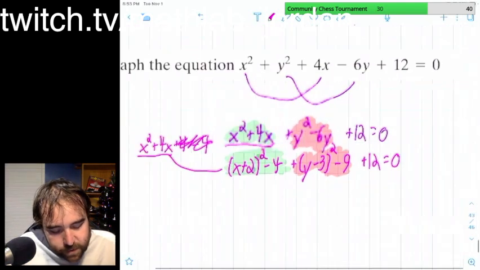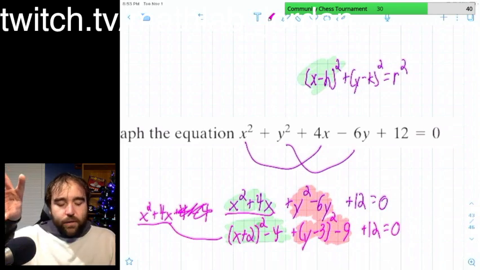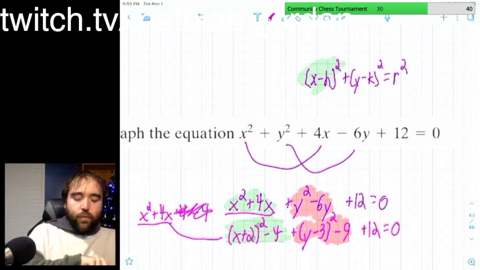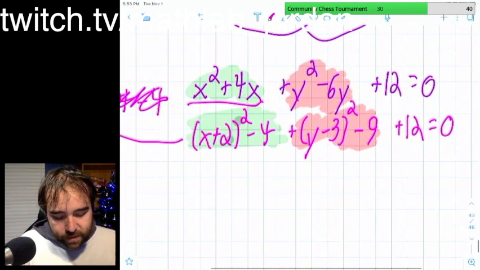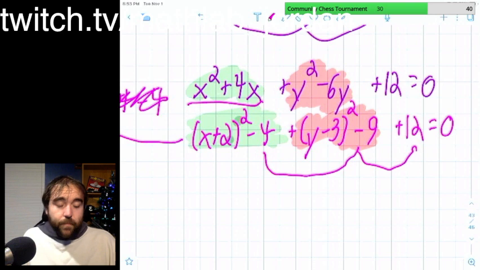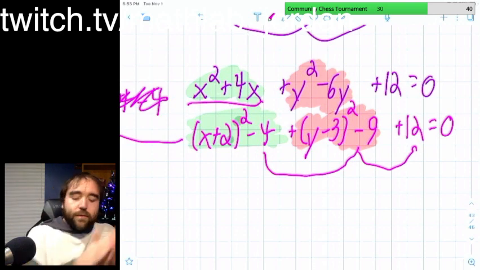So now that we're here, let's just one last time glance up. What are we looking for? We're looking for just having the plain x squared thing plus the plain y squared thing equals some number. So let's finish that out and do that. So let's take these numbers, negative 4, negative 9, positive 12. Combine those, you get negative 1, and then move it to the other side.